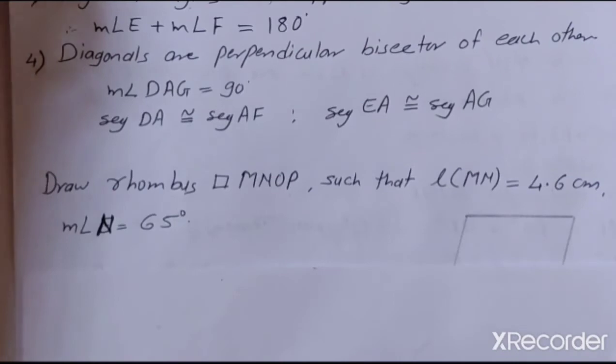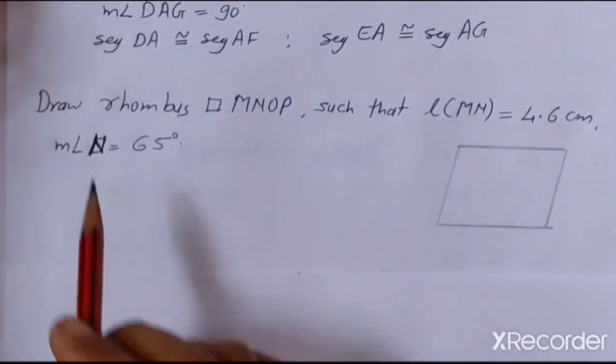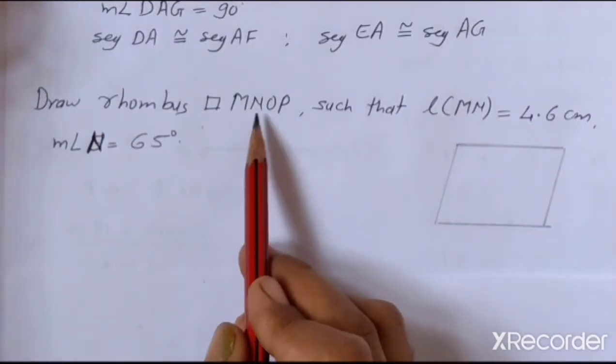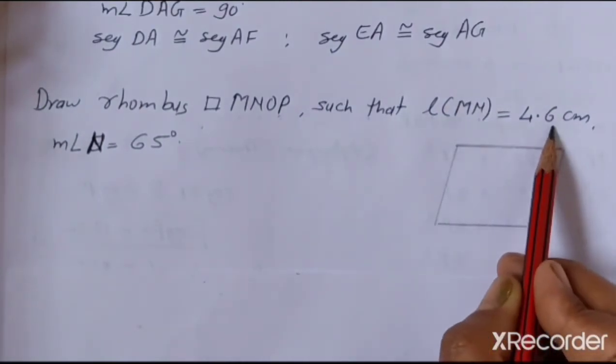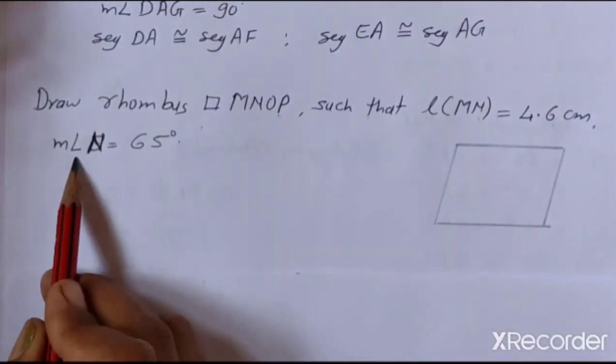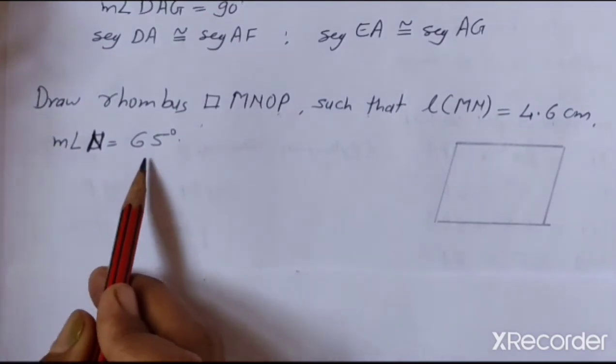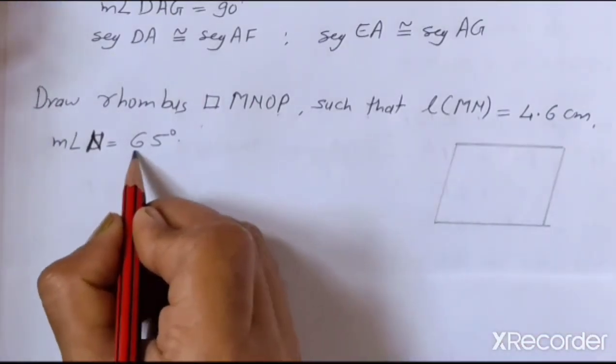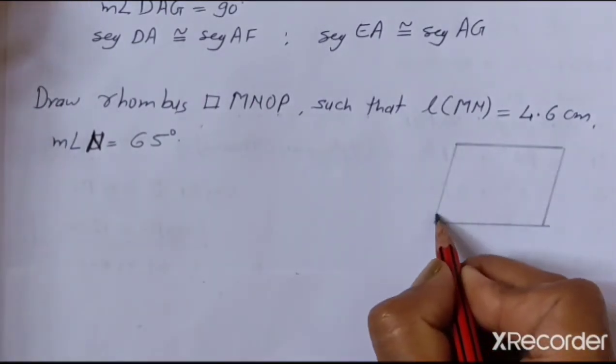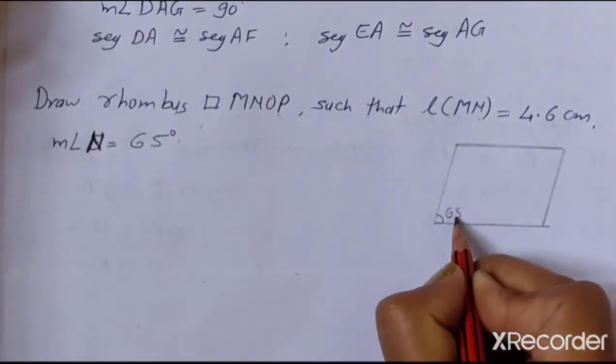Now let's move to its construction. Draw a rhombus MNOP such that the length of MN is equal to 4.6 centimeter and one measure of angle N is given, that is 65 degree. So this 65 is an acute angle. So here I am selecting this 65 at the base.